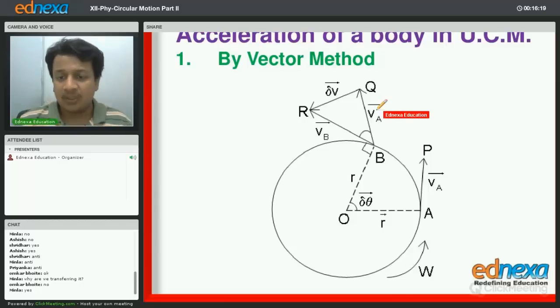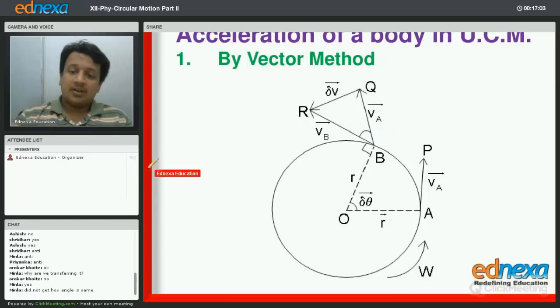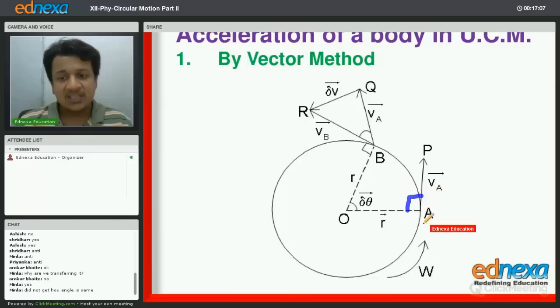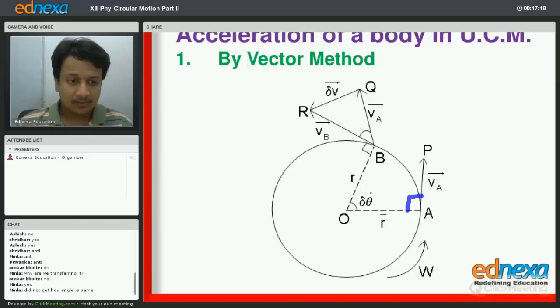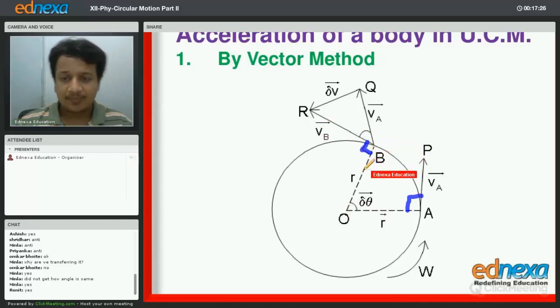Are you getting how when AOB is delta theta, then QBR is also delta theta? Over here, angle PAO is 90 degree. Then angle OBR is also 90 degree.